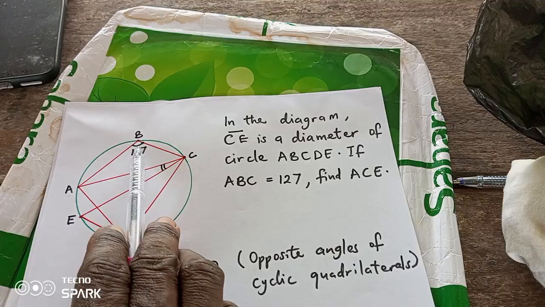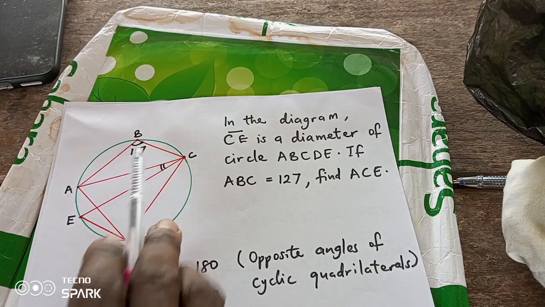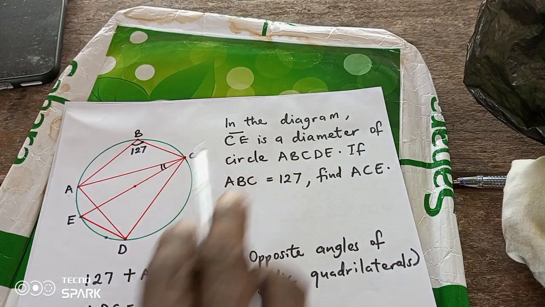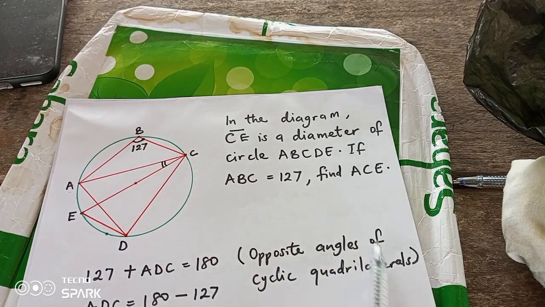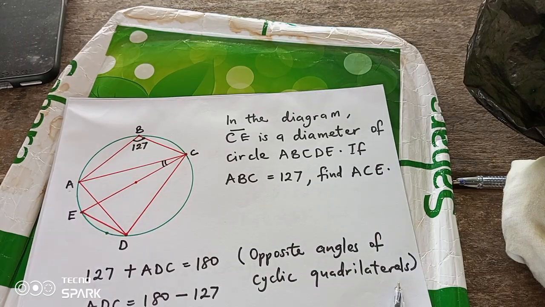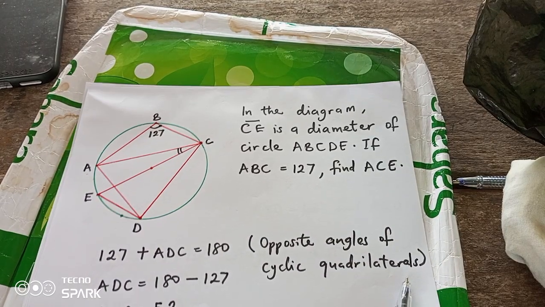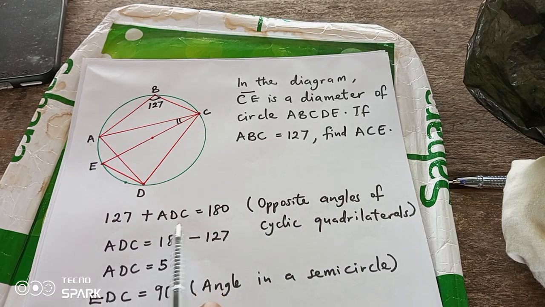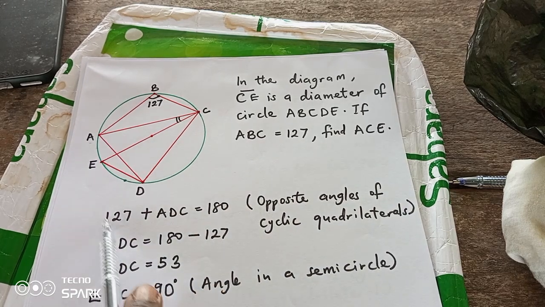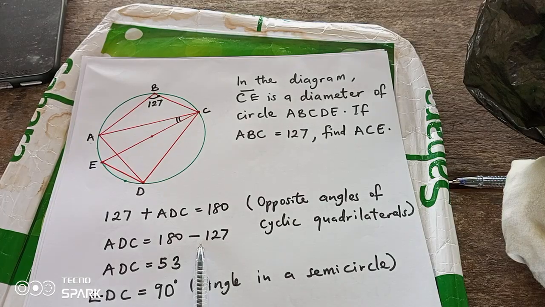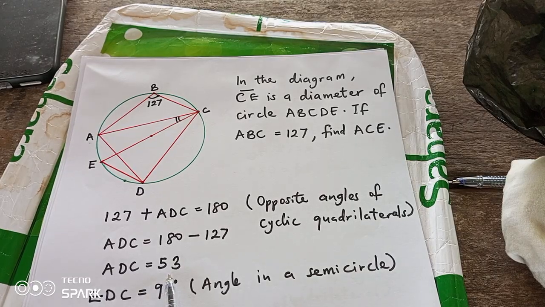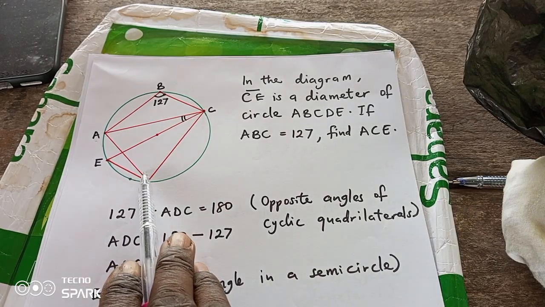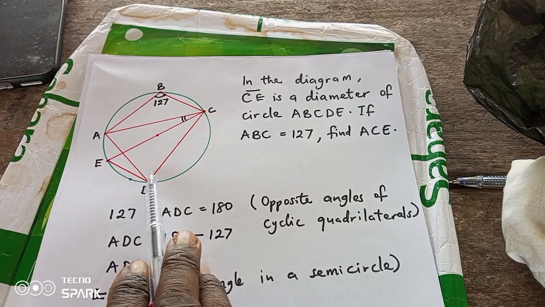So 127 plus this angle ADC should be equal to 180. Why? Opposite angles of a cyclic quadrilateral. You must always give the reason before you are marked right. So ADC is equal to 180 minus 127, which gives you 53 degrees.